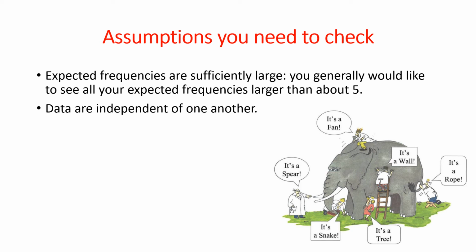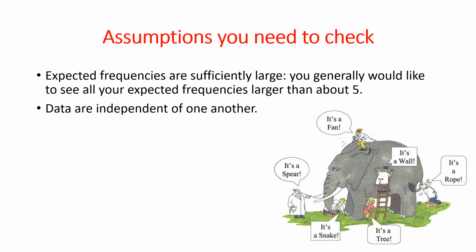This is also very important because we want to make sure that if you recruit one participant, that participant is independent from other participants, or in other words, one data point is not influencing the other data point. You need to check.